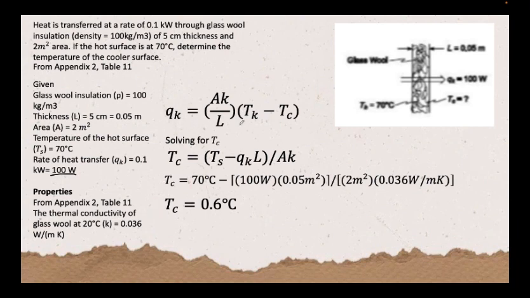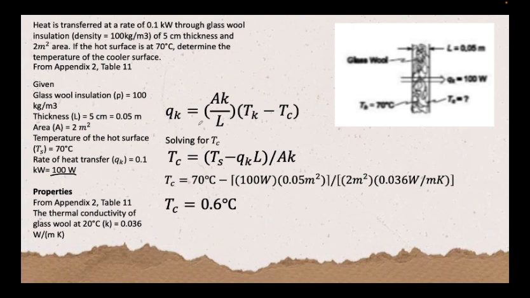Here we have the general formula on how to solve for the heat. In order for us to solve for the temperature of the cooler surface, we have to rearrange the formula.